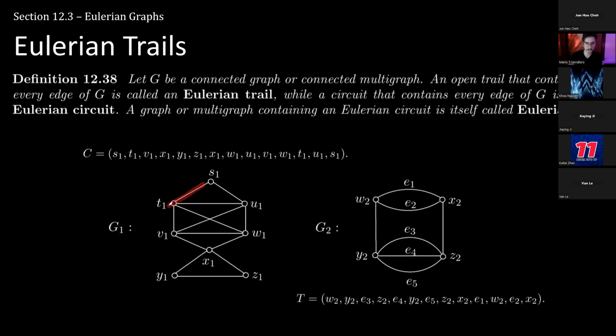So we can do S1 to T1, T1 to B1, B1 to X1, X1 to Y1, Y1 to C1, C1 to X1, X1 to W1, W1 to U1, U1 to B1, B1 to W1, W1 to T1, T1 to U1, U1 to S1. So we painted the whole thing.